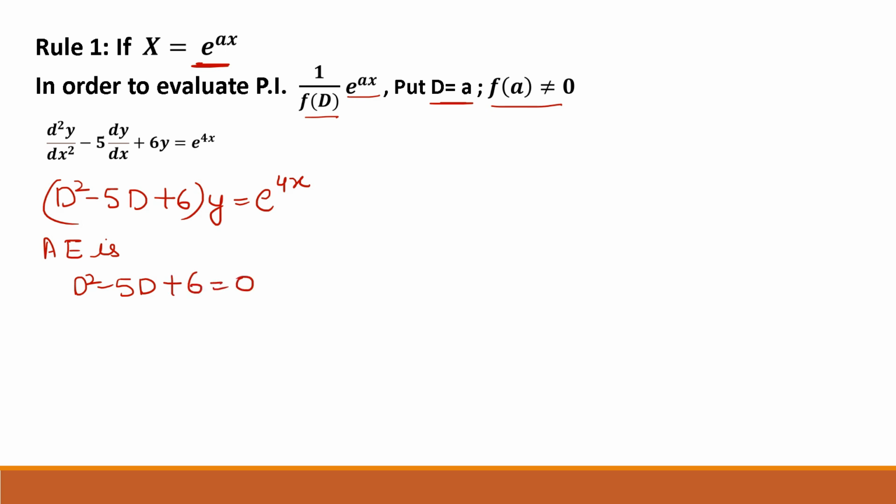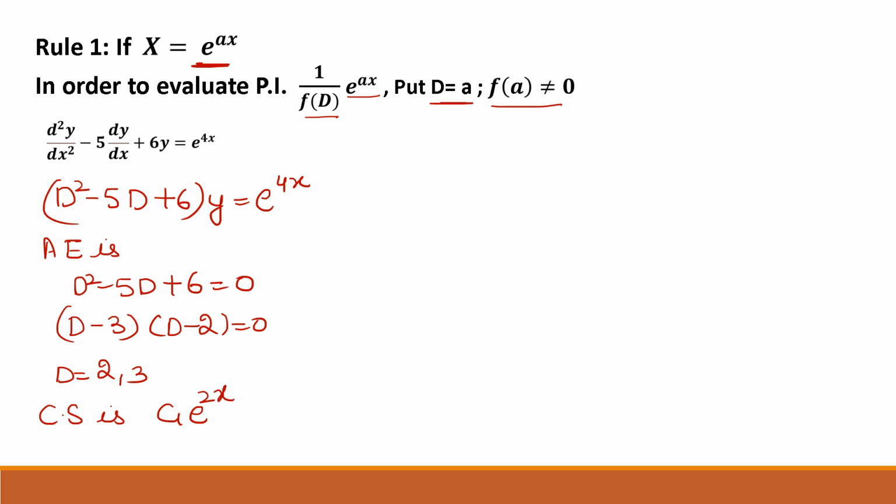Next step is to find the roots. So what will be the roots? D minus 3 and d minus 2. So roots will be 2 and 3. Because roots are real and distinct, the complementary solution is first constant e power first root into independent variable, second constant e power second root into independent variable, right?